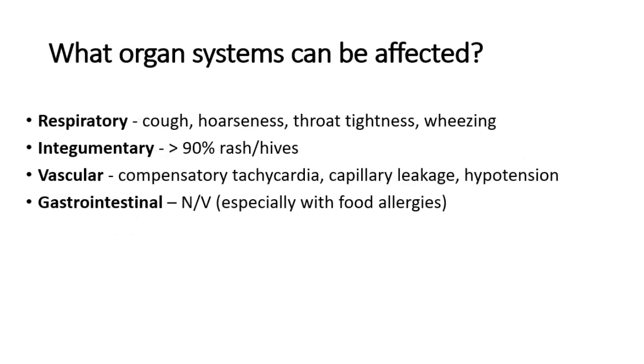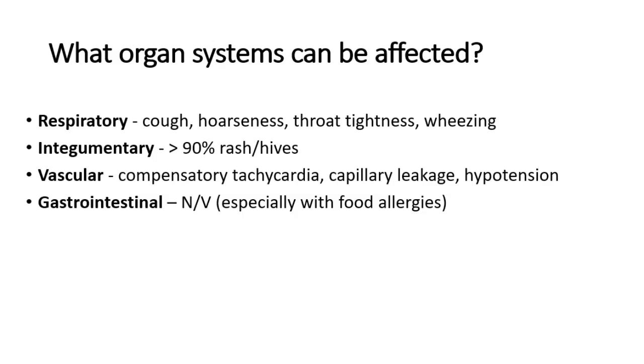All right, so we already talked about the clinical manifestations and especially the organ systems that can be affected. And of those, probably the most important is, of course, the respiratory system. So in terms of treatment of anaphylaxis, we want to ensure airway patency, which in severe cases may require intubation, and administer epinephrine either IM or IV.